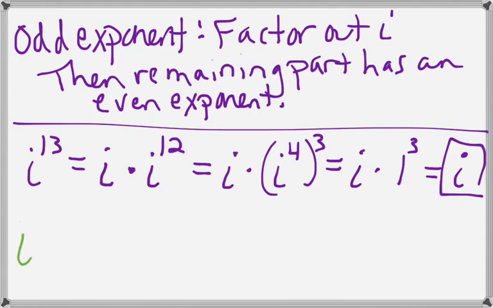Okay, so we have i to the 27th. We're going to pull one of those factors of i out, which leaves us with 26. And then that's an even exponent.